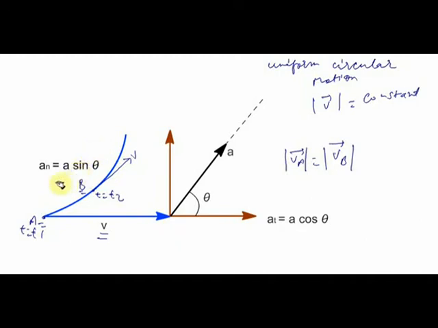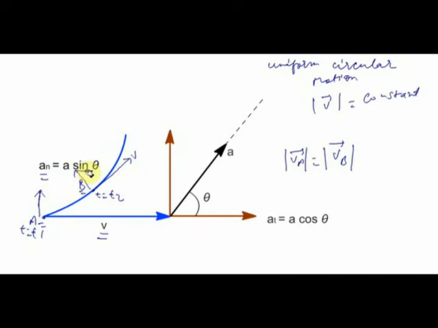This is the acceleration which we call normal acceleration, that is AN, and the direction of AN is always perpendicular to the tangential velocity. So at point A it will be perpendicular to the tangential velocity, and it will be radially inward towards the center. So at A this is the direction of AN, at B this is the direction of AN.